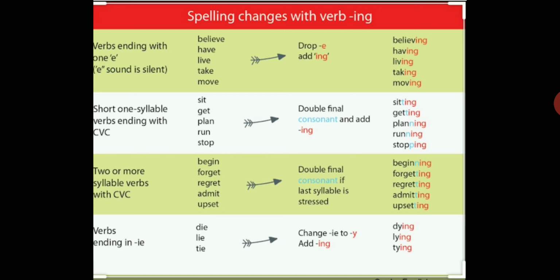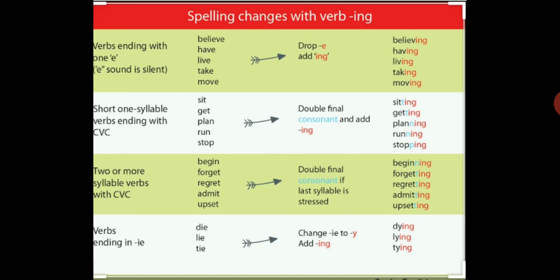These are the rules for how to form a verb with the ing form. Now you have an idea how to make a verb in ing form, and we already learnt in our last lecture how and where we use the verb with s, es and ies.